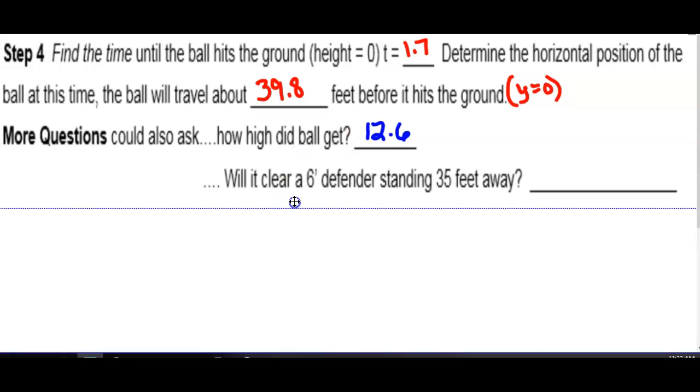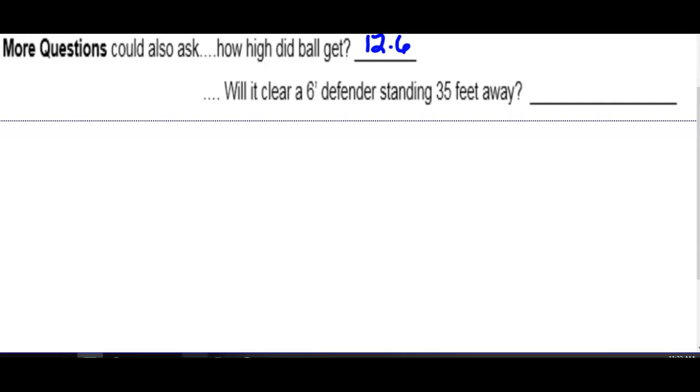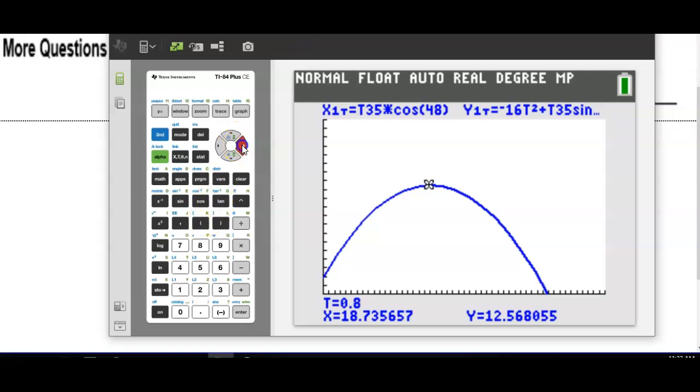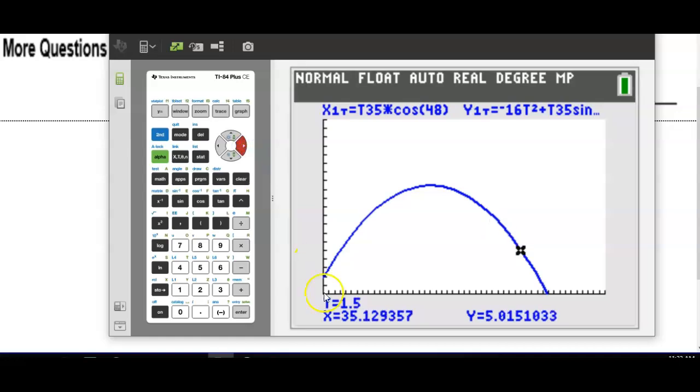Now it says, will a 6-foot tall defender standing 35 feet away, would the ball clear the defender or not? What would happen? So 35 feet away, so I need to go until the x value is 35. Right there is about 35 feet away.